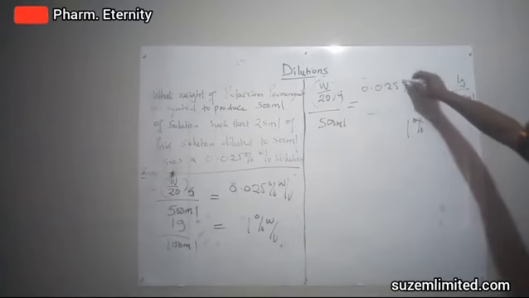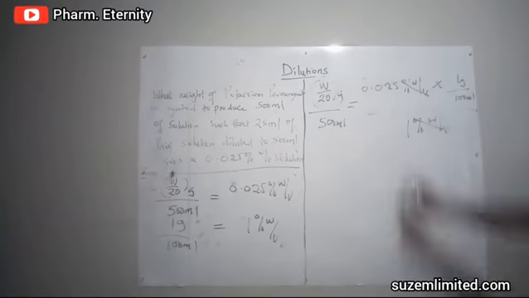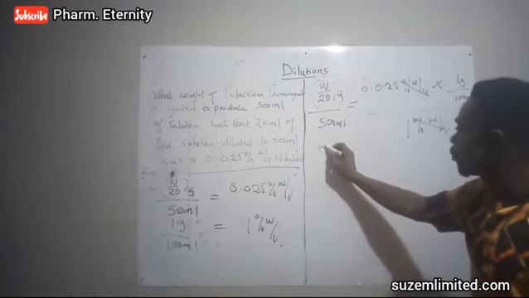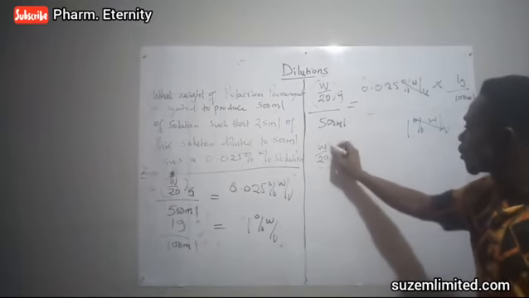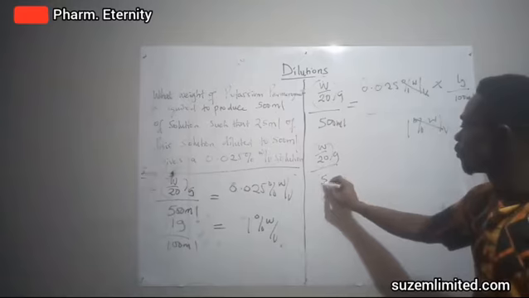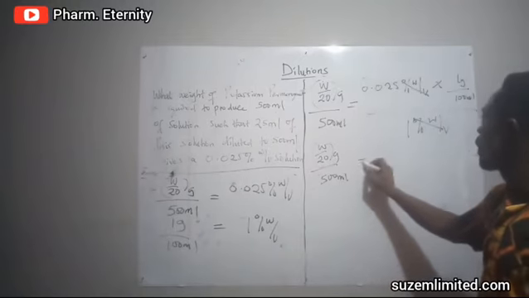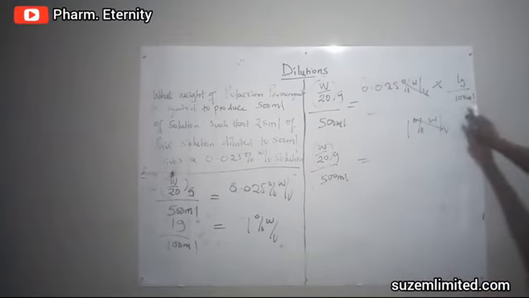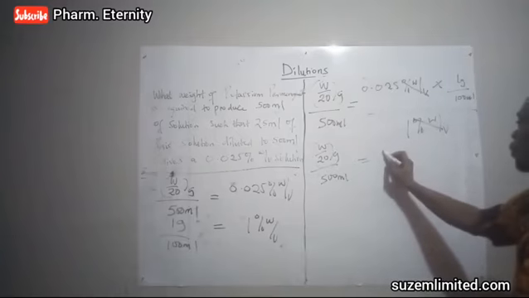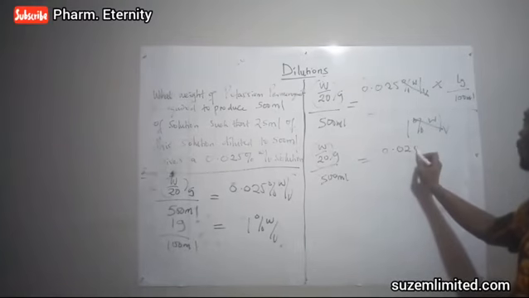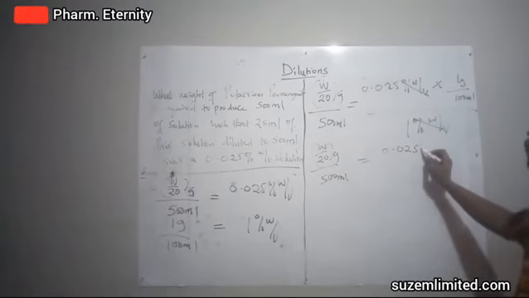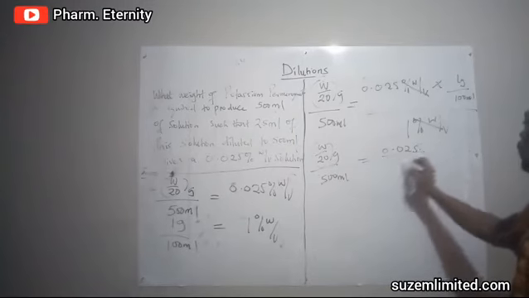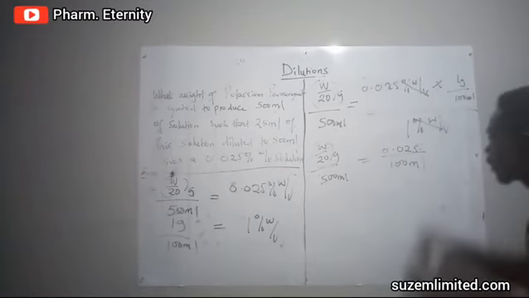Percent weight per volume will cancel percent weight per volume, remaining 1. Now what it implies is that W over 20 gram all over 500 ml is now equal to 0.025 over 100 ml.